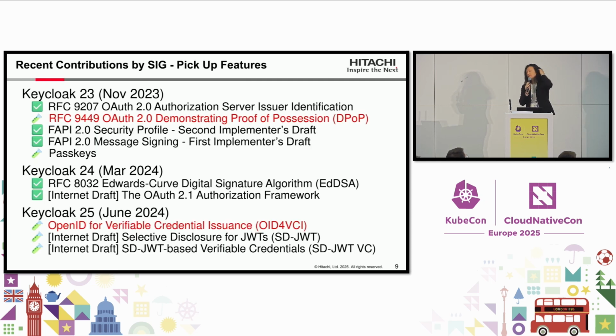In this talk, I would like to pick up two security specifications that Keycloak relatively recently supported: RFC 9449, OAuth 2 Demonstrating Proof of Possession, called DPoP, and OpenID for Verifiable Credential Issuance, called OID4VCI.